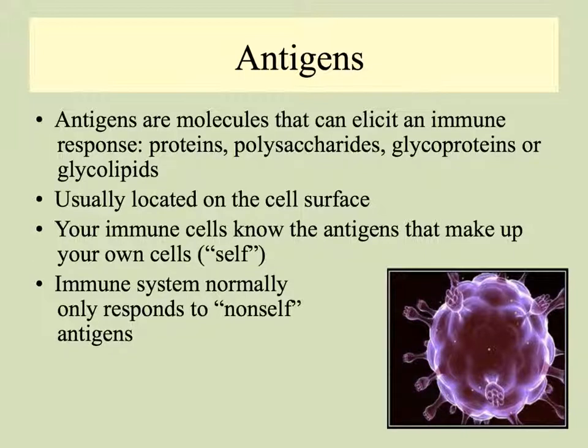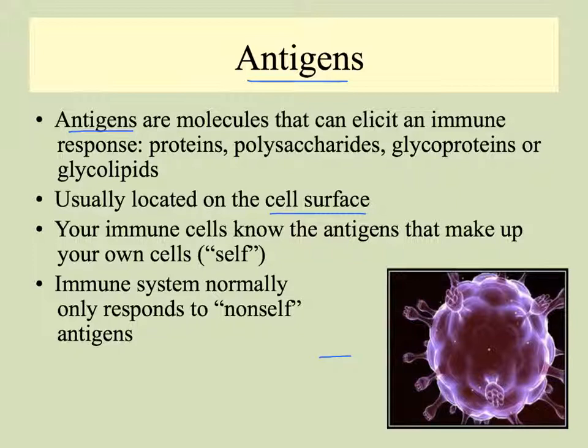B cells and T cells need to be activated before they can do their job in their immune response, and they're activated because of antigens. We talked about antigens in reference to the blood system and the A and B and O types in blood. Antigens, if you remember, are molecules that are found on the cell surface, and they are some kind of marker.